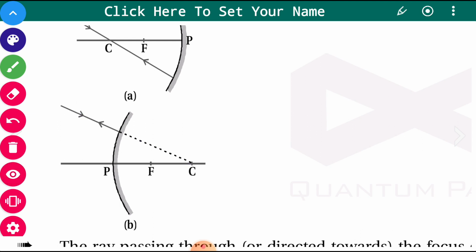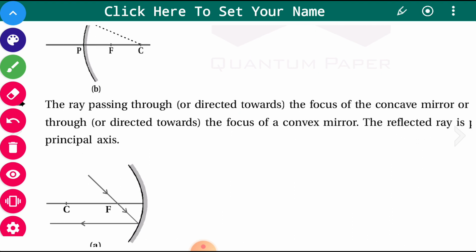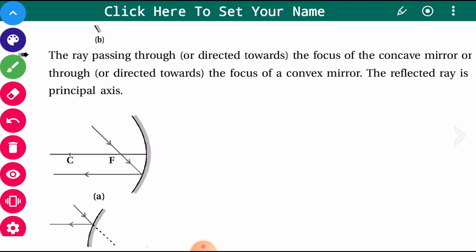Now the ray passing through the focus or appearing to pass through the focus, after reflection becomes parallel to the principal axis. You can see this ray is passing through the focus of the concave mirror, and after reflection it becomes parallel to the principal axis.